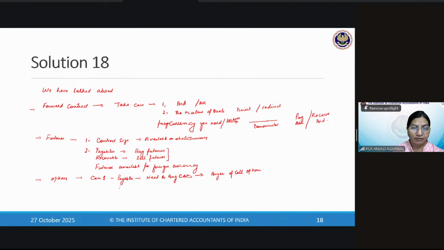If I had receivables, I need to sell Canadian dollars. In order to hedge myself, I will be a buyer of a put option. Here also, if the options are not available on Canadian dollars, but on US dollars, I would have taken the opposite position.